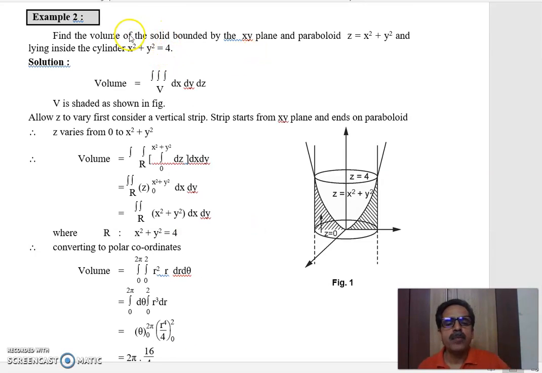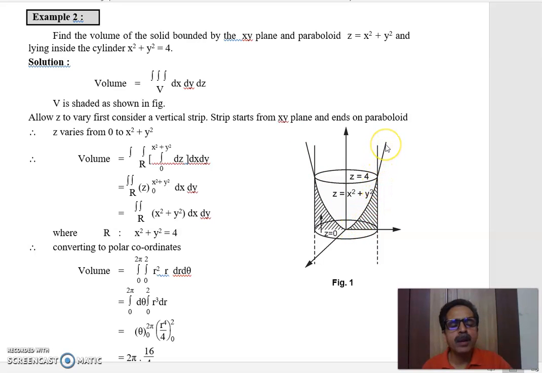Find the volume of solid bounded by the xy plane and paraboloid z is x square plus y square and lying inside the cylinder x square plus y square equal 4. So this is the formula. Volume V is shown in figure 1. This is the paraboloid.